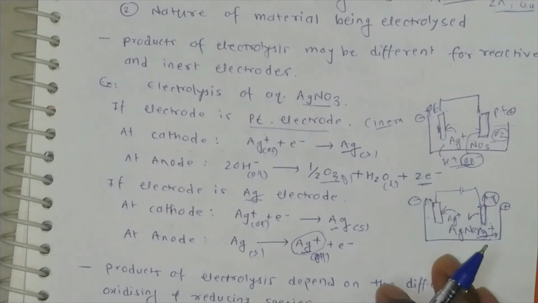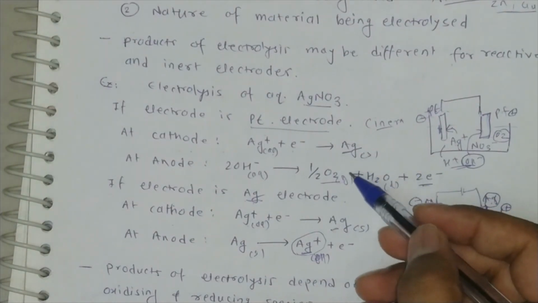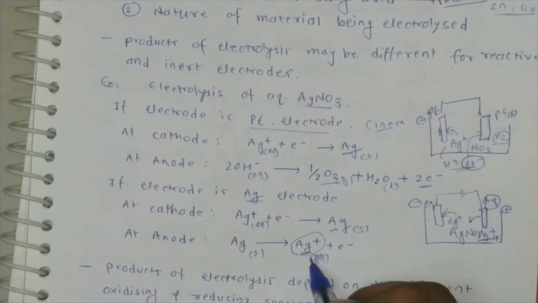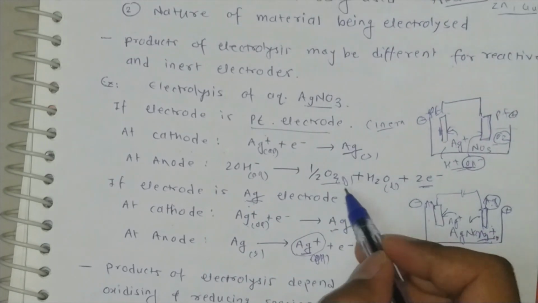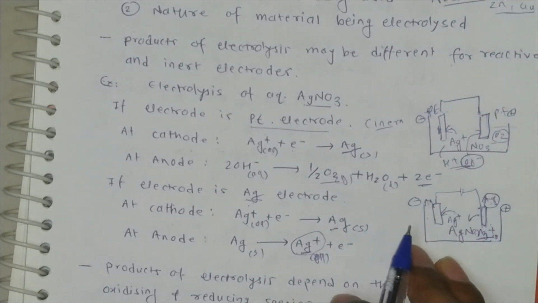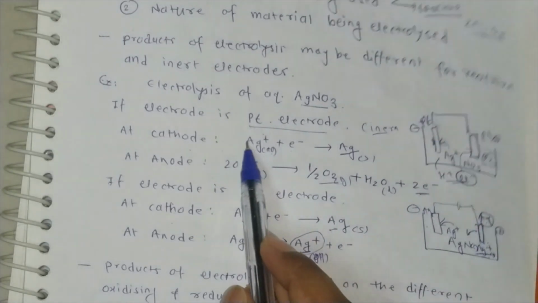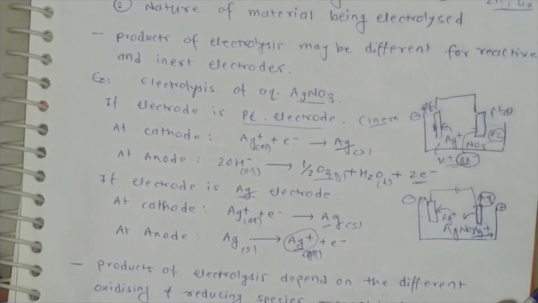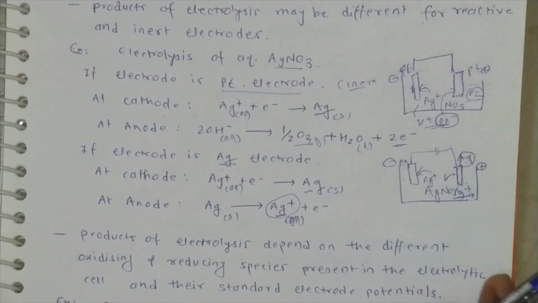What kind of products will be formed when inert electrodes and reactive electrodes are used? The product formed at the anode is different. Silver ion is formed if we use a silver or reactive electrode, and oxygen is formed if we use an inert electrode like platinum. Clear? So this is about the use of reactive and inert electrodes.